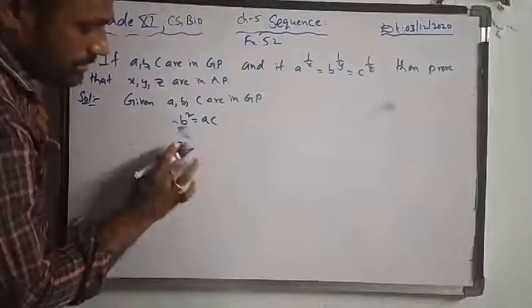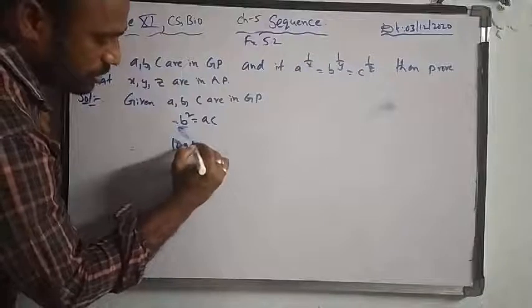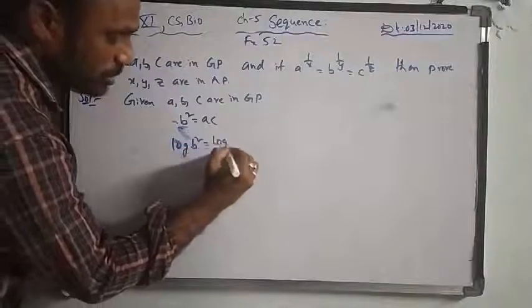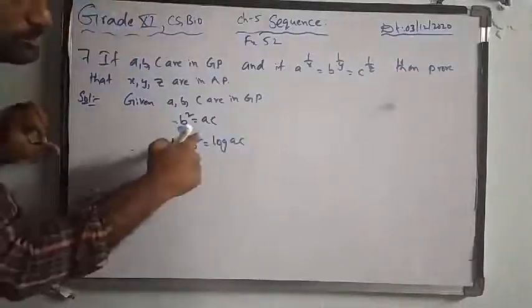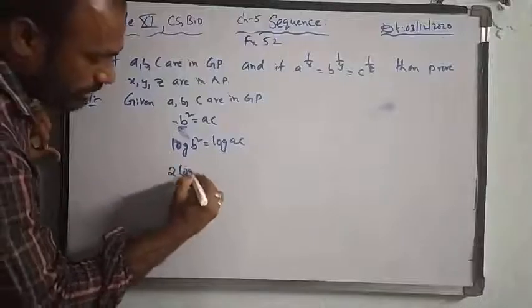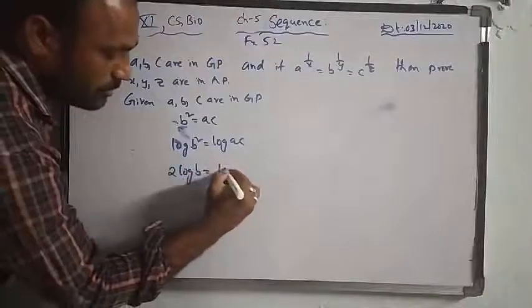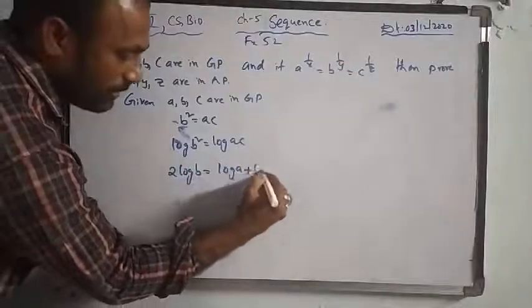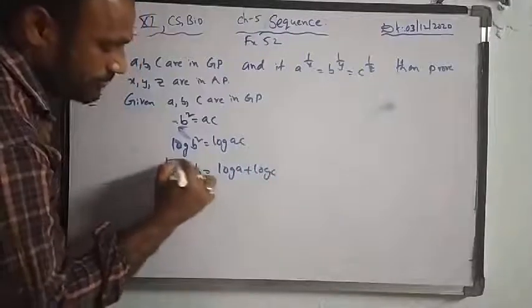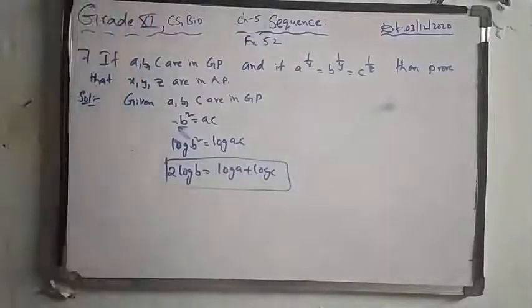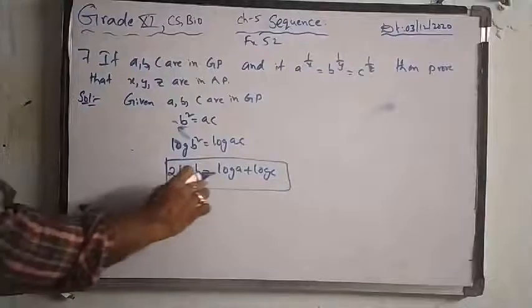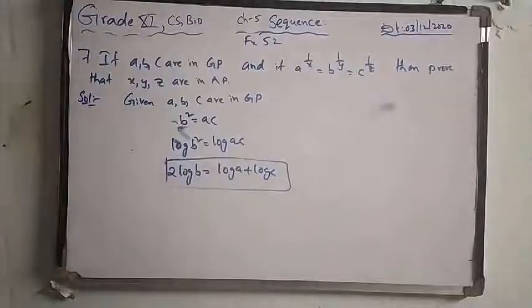So let me apply log on both sides. Log b square is equal to log ac. So this 2 will come in front according to logarithmic properties. 2 log b is equal to log a plus log c.